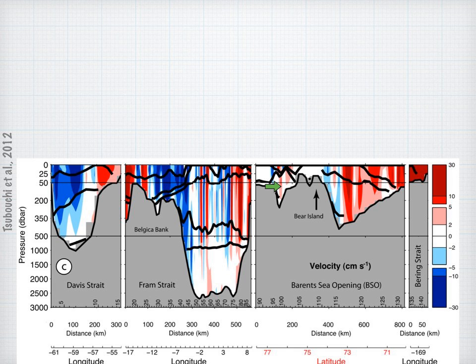So in particular, in the Fram Strait, this is the East Greenland current, partly over the shelf break, partly over the continental shelf, the cold, near freezing fresh water. This is the imprint of the West Spitsbergen current, warm, salty, originally Atlantic water flowing into the Arctic. And you can see the same thing in Davis Strait. To a certain extent, you can see the same thing in the Barents Sea opening.